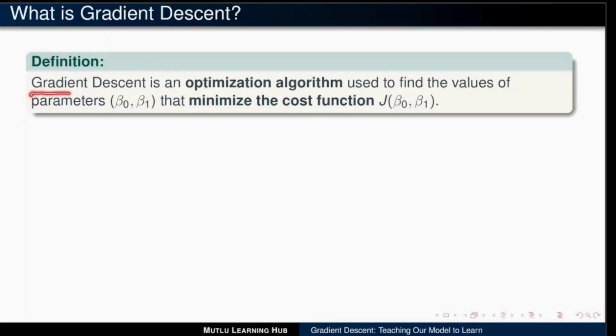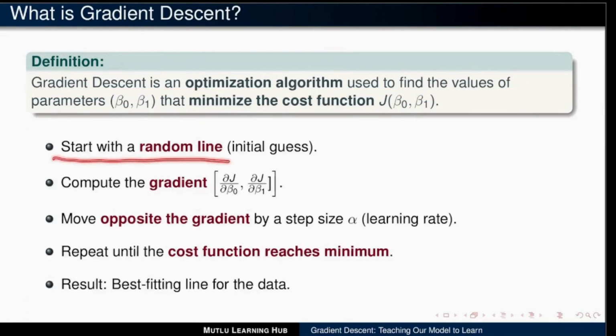Let's wrap up. Gradient descent is an optimization algorithm used to find the values of beta 0 and beta 1 that minimize the cost function. We start with a random line, just an initial guess. Then we compute the gradient, which tells us how the error changes with each parameter.